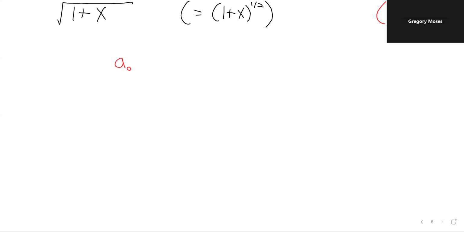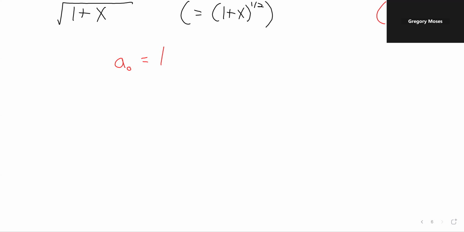So we should start with the first term, and that's 1, right? When we find the first term of the series, we're just using the function. We stick 0 in here. 1 plus 0 is 1.